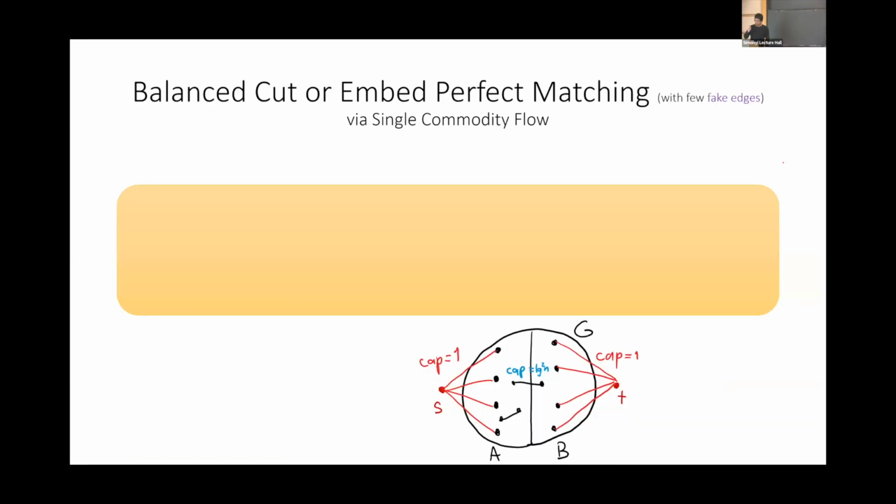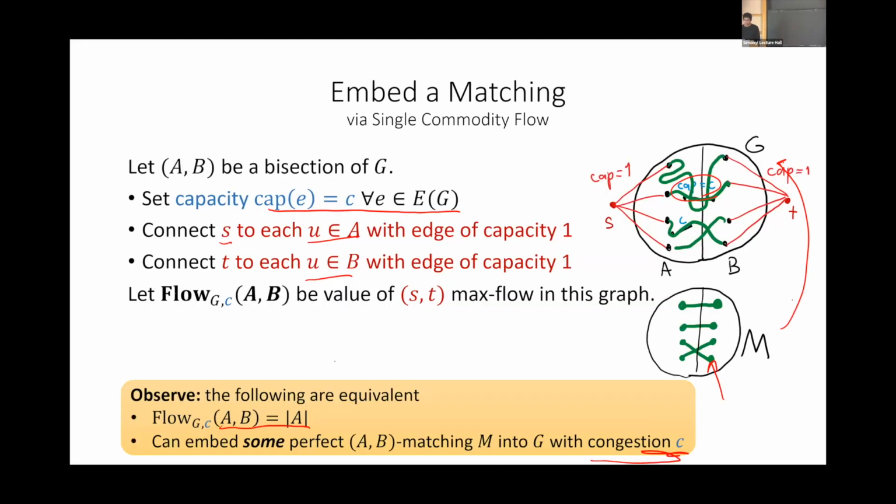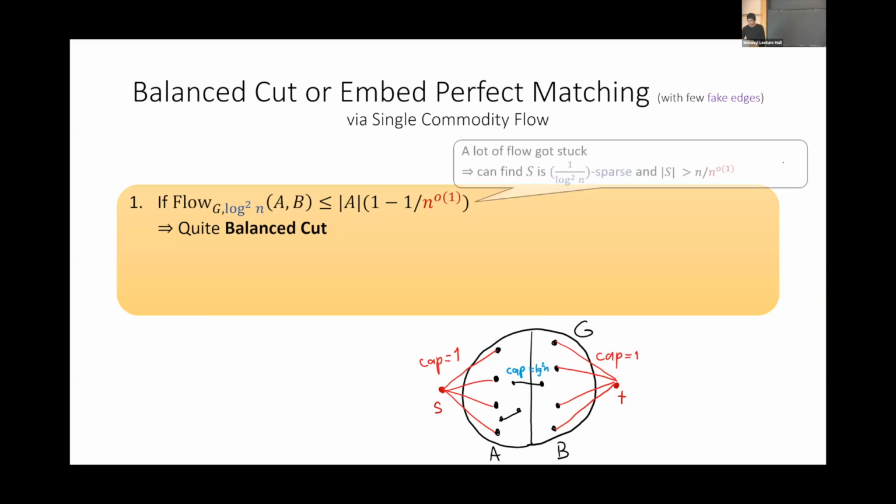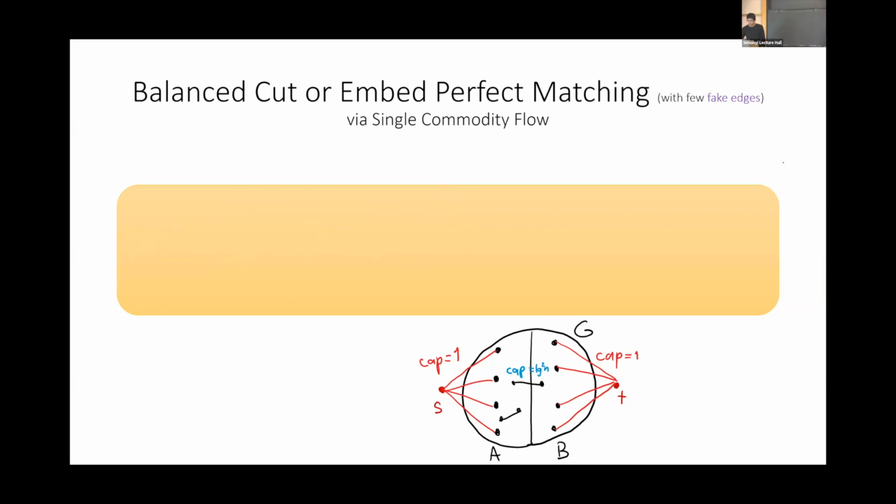Okay. So now there is a more advanced version of this. Imagine there are two cases. What if your flow here is actually much smaller than A?